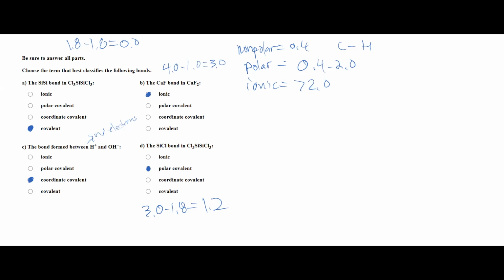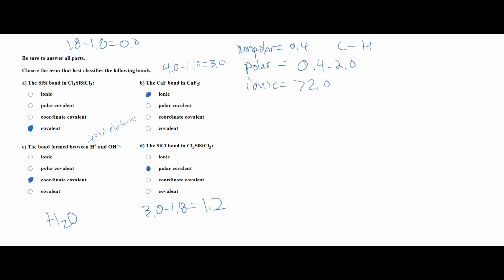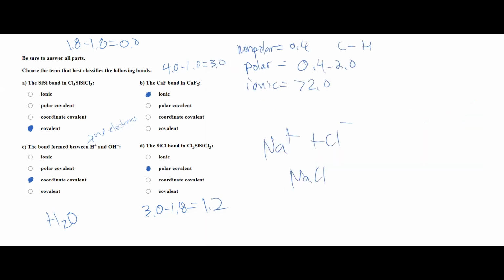And so this is what we have when we have water coming together. And that's because when we form that H2O, that difference between our hydrogen and our oxygen isn't enough for it to be an ionic bond. And so that's the difference there. This is different from something like Na plus and Cl minus, because when those come together and form that new bond, the difference between sodium and chlorine is still large enough to be ionic.